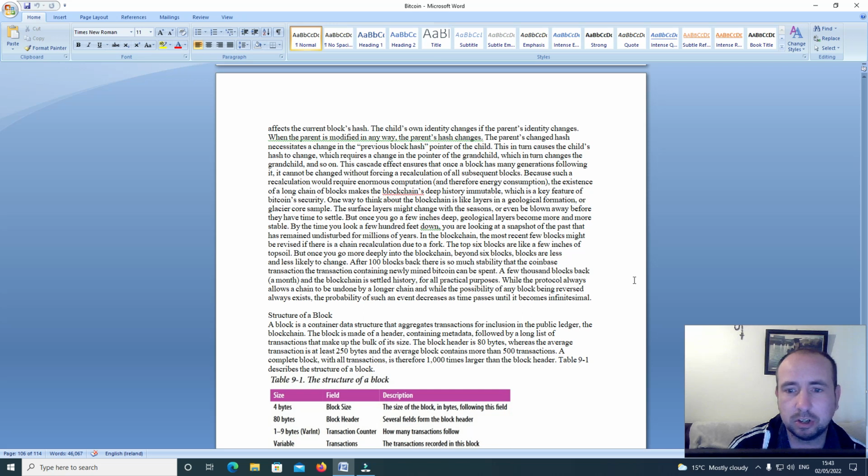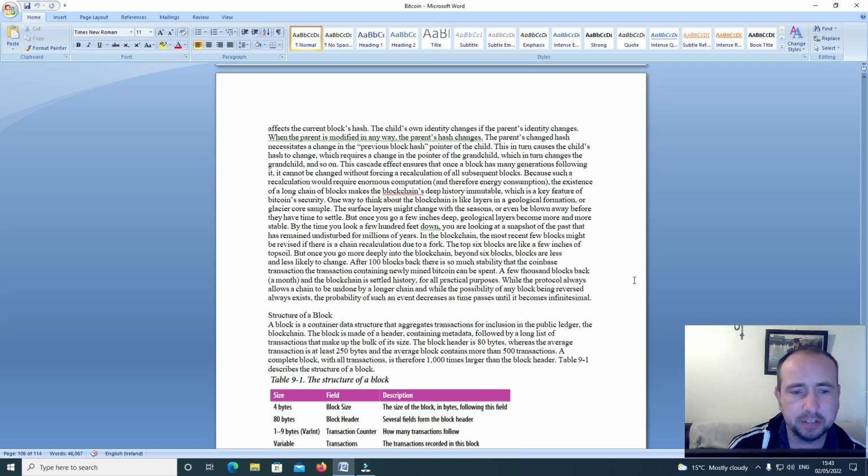This in turn causes the child's hash to change, which requires a change in the pointer of the grandchild, which in turn changes the grandchild, and so on. This cascade effect ensures that once a block has many generations following it, it cannot be changed without forcing a recalculation of all subsequent blocks, because such a recalculation would require enormous computation and therefore energy consumption.